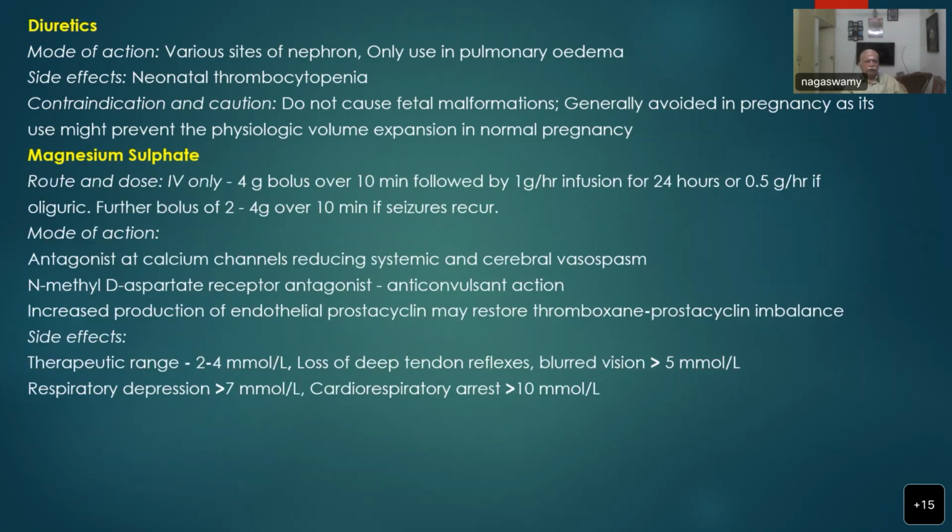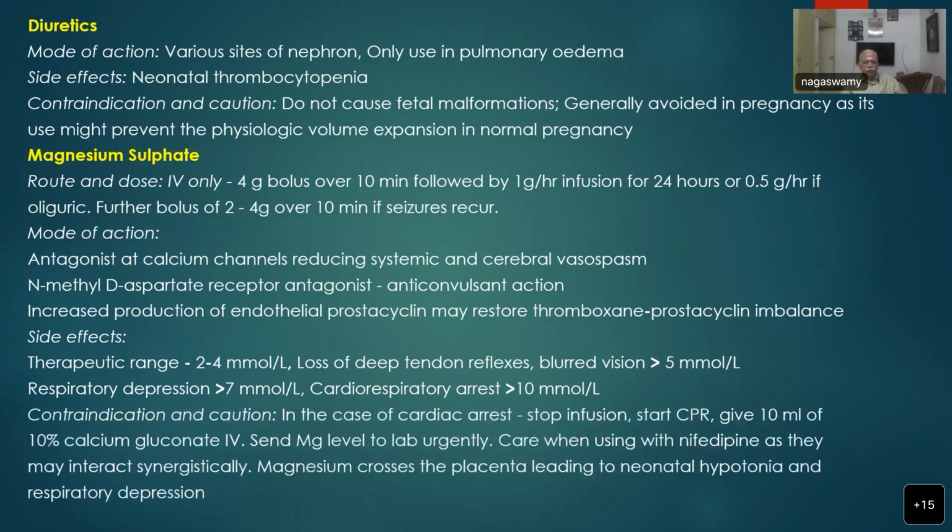Regarding side effects, the therapeutic range is 2 to 4 millimoles. Loss of deep tendon reflexes occurs, then vision gets blurred at 5 millimoles, respiratory depression happens at 7 millimoles, and cardiorespiratory arrest happens at more than 10 millimoles. That is why it has to be given as a slow bolus IV, not rapidly.